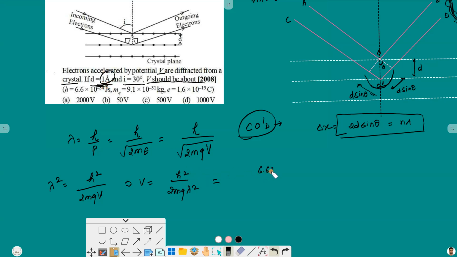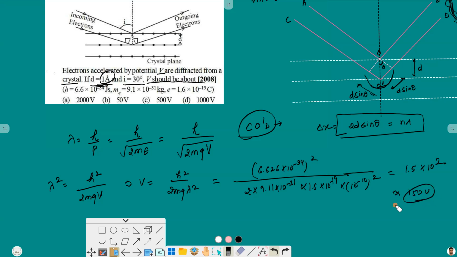So this will be 6.626 times 10 to the power minus 34 whole square, divided by twice mass 9.11 times 10 to the power minus 31, charge 1.6 times 10 to the power minus 19, and atomic spacing 10 to the power minus 10, squared. From this we will get 1.5 times 10 raised to power 2, approximately 150 volts.